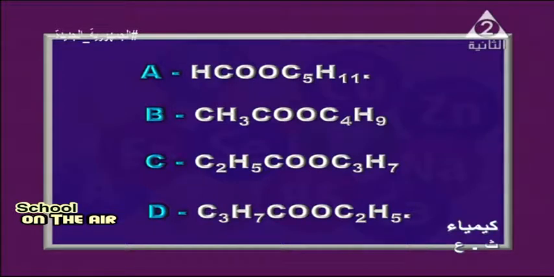If you think about this question, the alcohol is oxidized, giving acid, and the acid reacts with alcohol again to give ester. So the acid produced must have the same number of carbon atoms. So the choice C is the right answer.